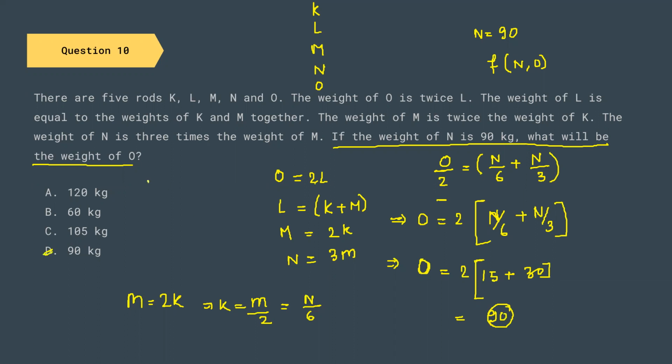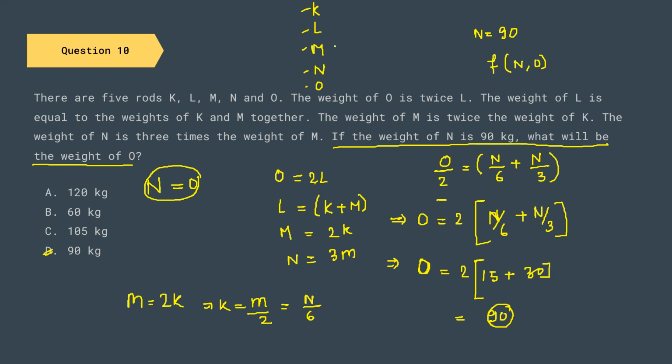That means that weight of N and weight of O are equal to each other, and this should be your final result. Understood? I'm not going to find the values of every one of the rods that are given here. They are telling me to find the value of O only.